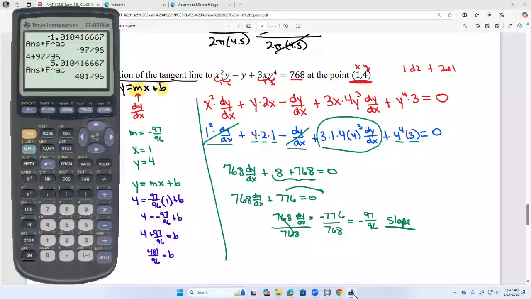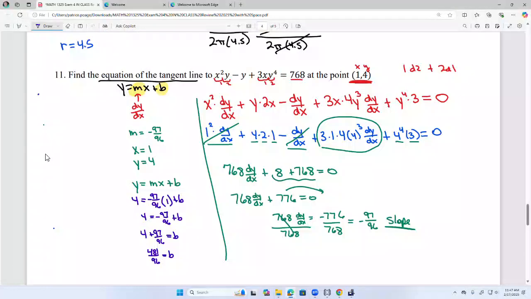So now that I have a slope and a b value, the equation of my line is going to be y equals negative 97 over 96 x plus 481 over 96.